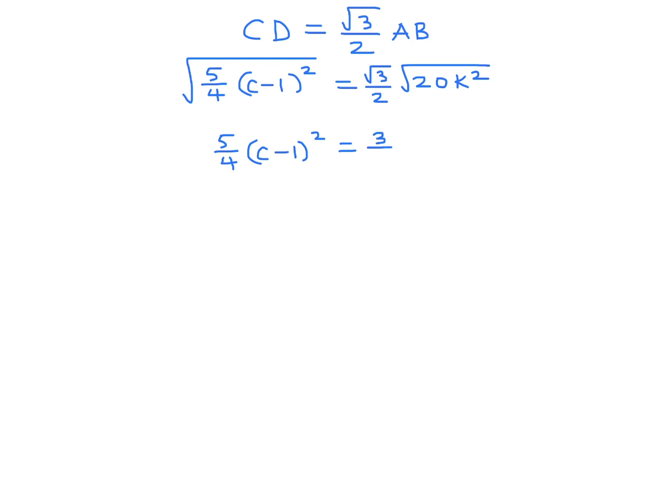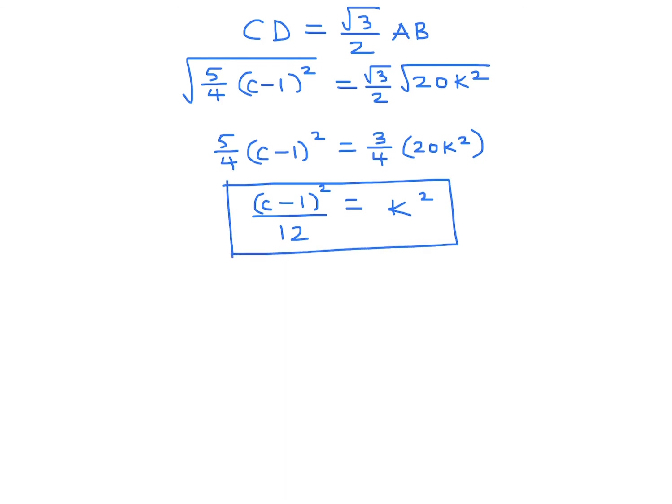Squaring root 3 over 2 will give you 3 over 4, and then 20k squared like that. Okay, now at this point, let's see, can we simplify? I believe so. 3 times 20 is 60, divided by 4 is 15. And then if I put the 15 down here, I'll get c minus 1 squared over 12. Or you could have done that in many ways, but either way, it's fine. All right, that's what I got.